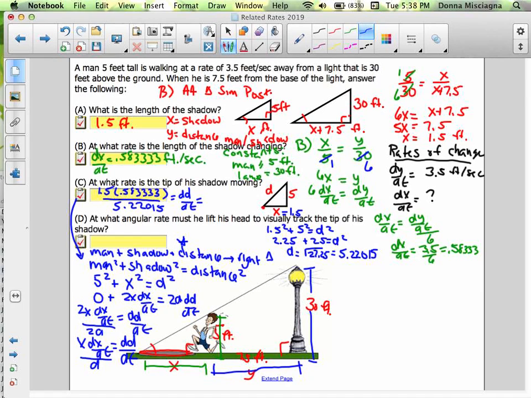And now let's just simplify that out. So we have 1.5 times 0.58 and a whole bunch of 3's, and oops, I put divided by instead of times.